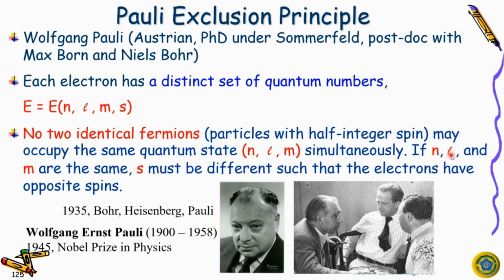If n, l, and m are the same, s must be different, such that the electrons have opposite spin. So if these 3 are the same, then s must be different, which is spin up or spin down.